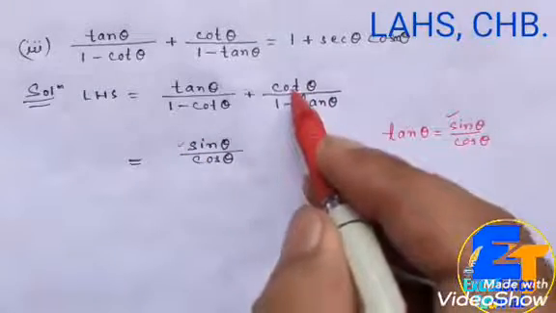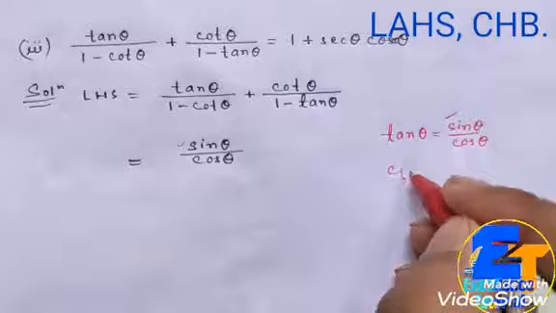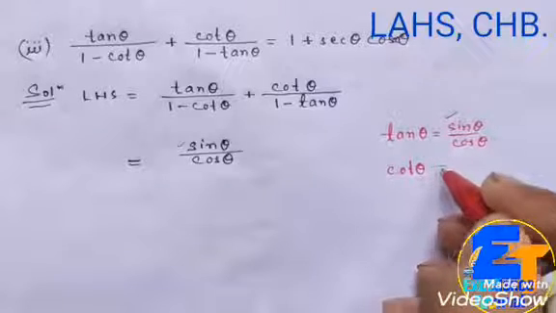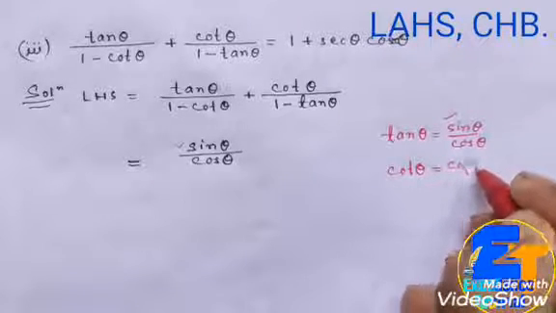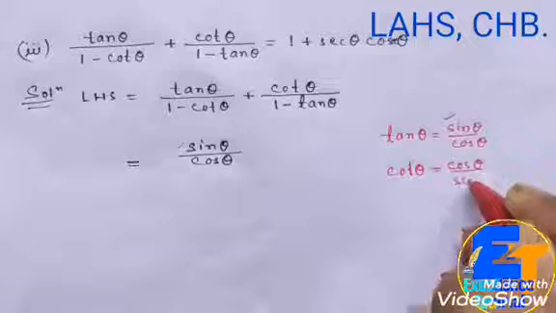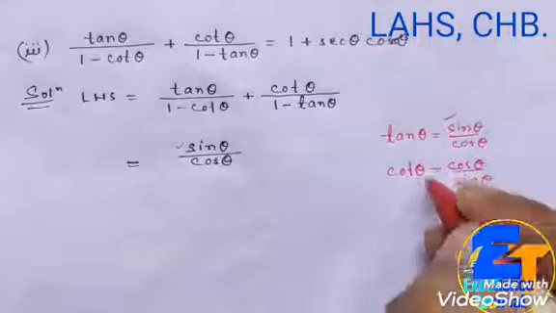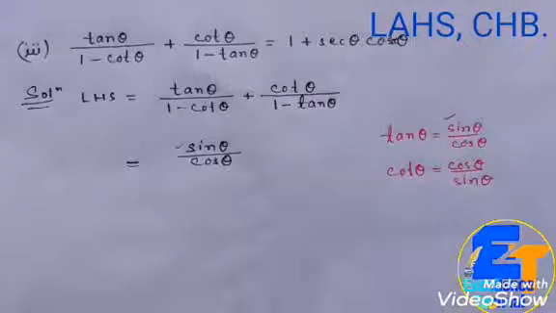Now see, in place of cot theta, what is the value of cot theta? Cot theta can be expressed as cos theta by sin theta. So in place of cot theta, we are going to write cos upon sin.